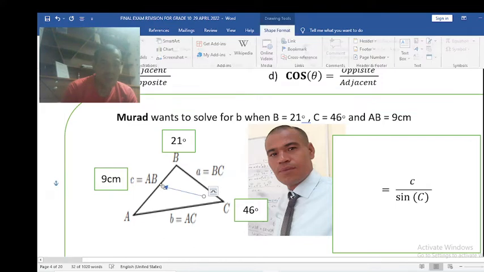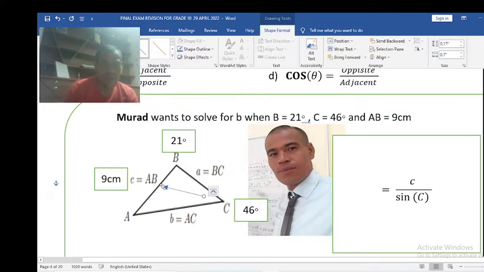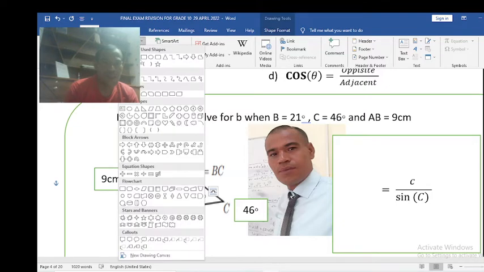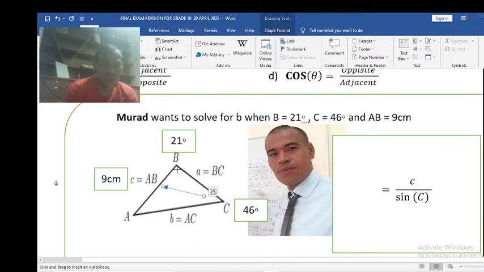I'm going to use also the angle B and the opposite side to the angle B, which is small b.